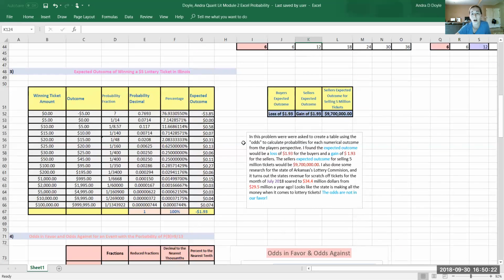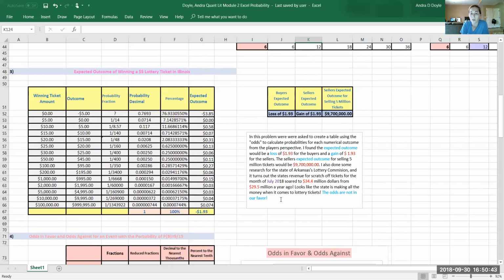We were also asked to find the seller's expected outcome for selling 5 million tickets, and that would be this big number right there, $9,700,000.